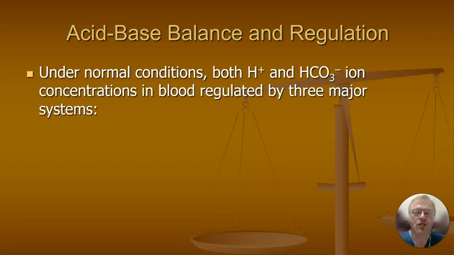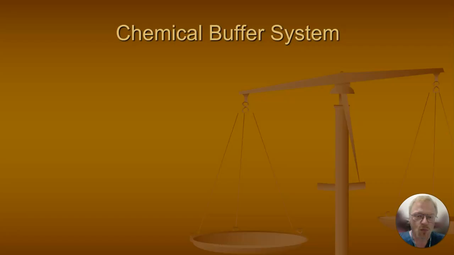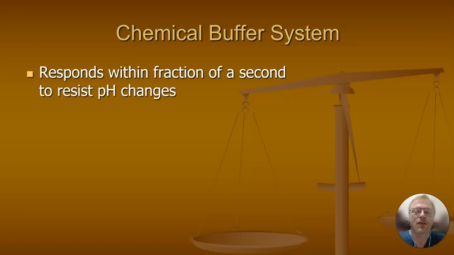Under normal conditions, the hydrogen and the bicarb ion concentration in your blood is regulated by three major systems: the chemical buffer system, the respiratory system, and the renal system. Now, the chemical buffer system acts within fractions of a second, and this helps to resist any rapid or wide swings in the pH range as this acid is being produced or released.